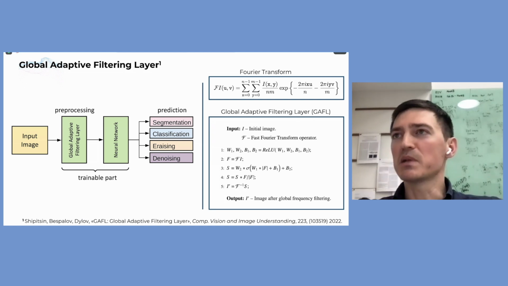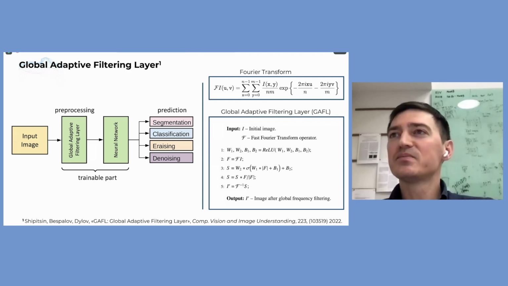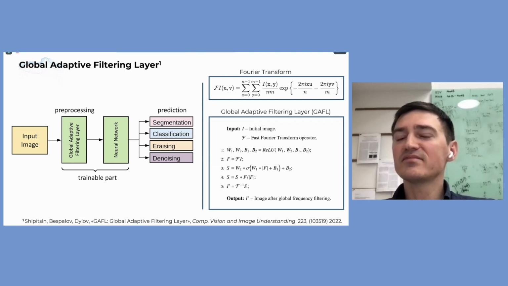Yes, it's an element-wise multiplication. And this is motivated by the discrete convolution theorem, where in the Fourier domain you also have element-wise multiplication. Does it make sense to consider some more general operation here?